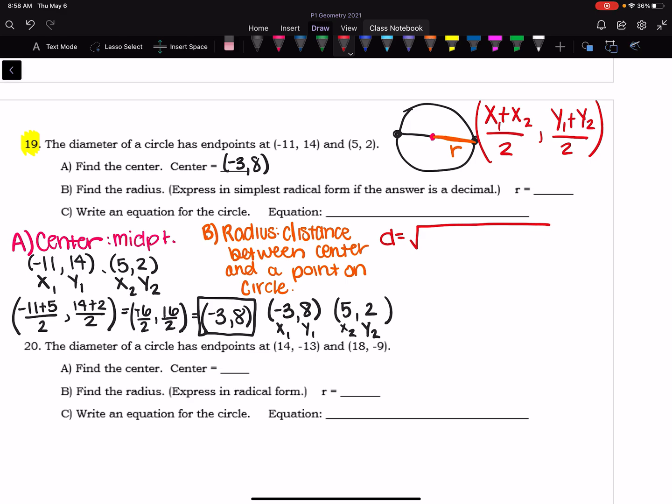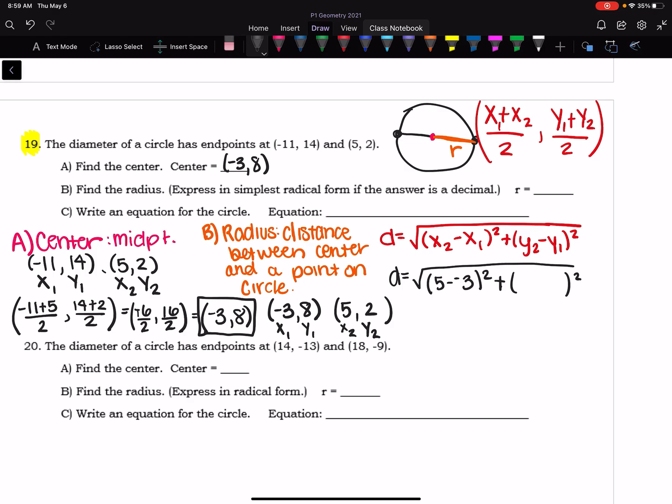So the distance formula I'll write in red here. It is the x coordinates subtracted from each other and squared, and it's the same for the y coordinates. So my first set of parentheses is x2 minus x1, so 5 minus negative 3.